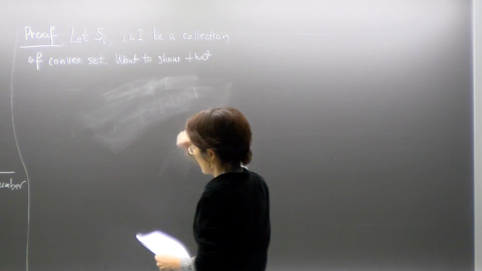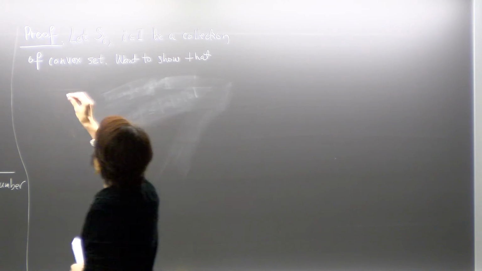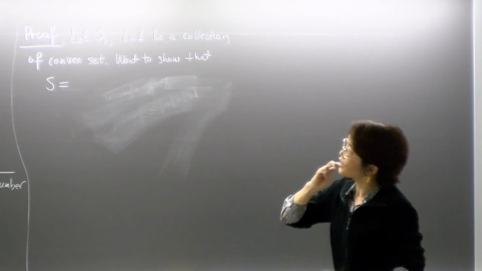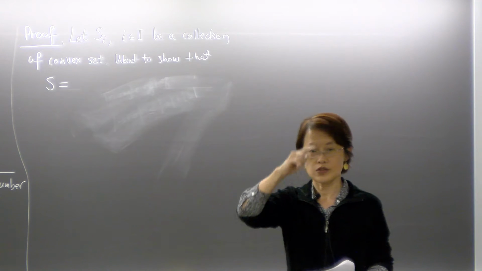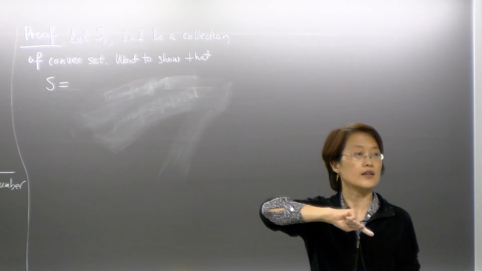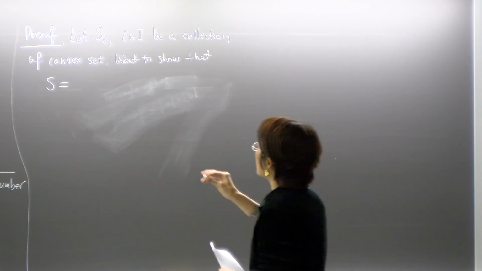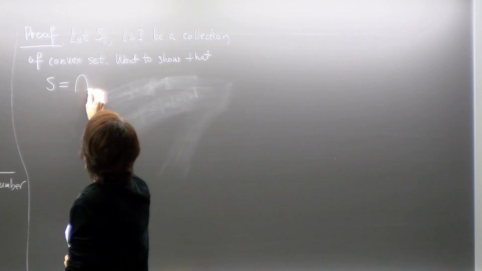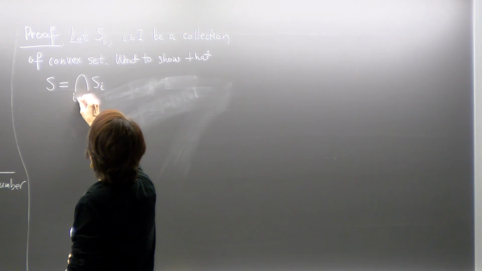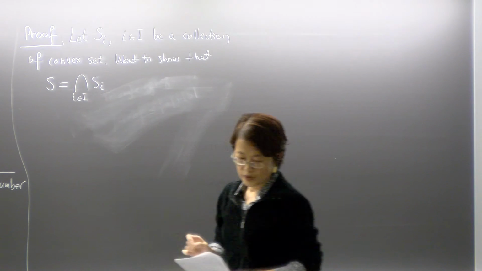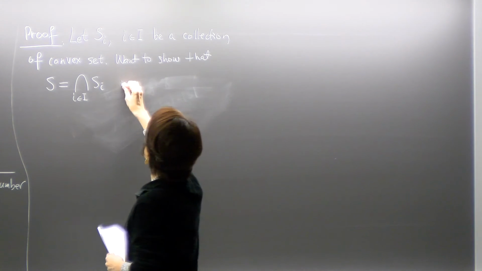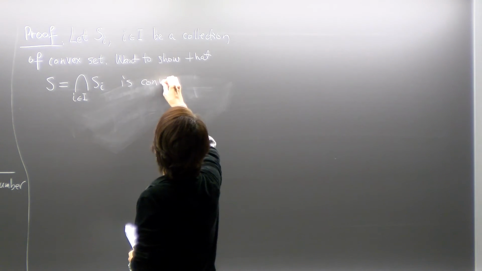So what we need to show is that if I make an intersection, and we are familiar with a few notations for sets, the union is a big U, the intersection is an upside down U, right? We've seen that. So you will write the intersection of Si, i in the index set I. You want to show that is convex.